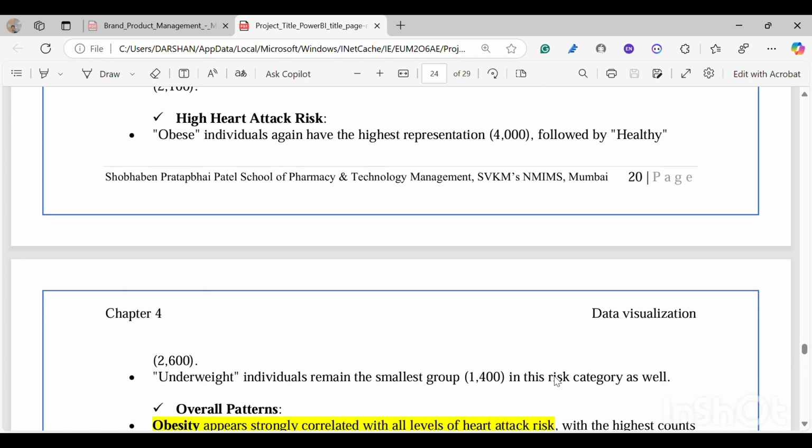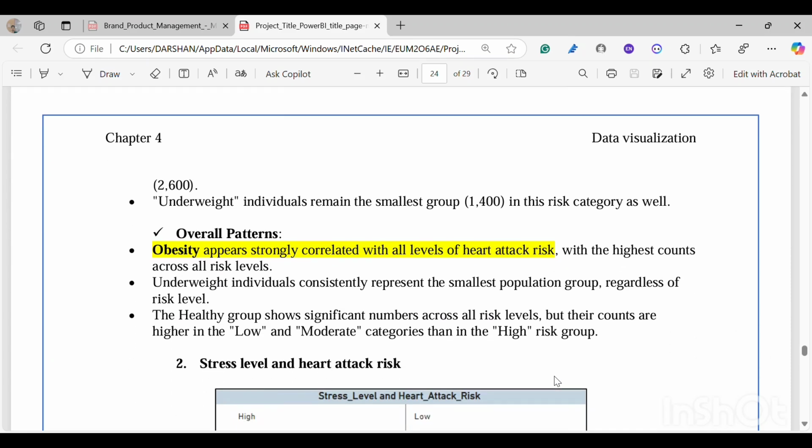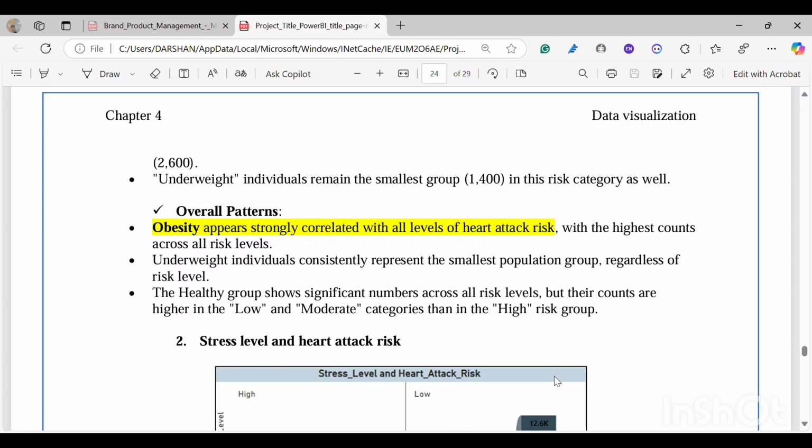So the obese category is the highest in terms of heart attack risk. Obesity appears strongest correlated with all levels of heart attack risk, with the highest count across all the risk levels. The underweight individuals consistently represent the smallest population, regardless of risk level.